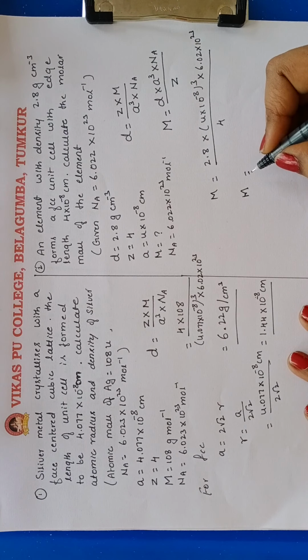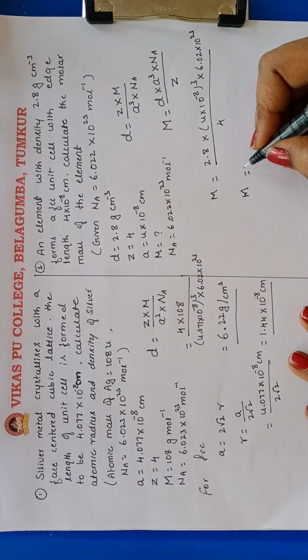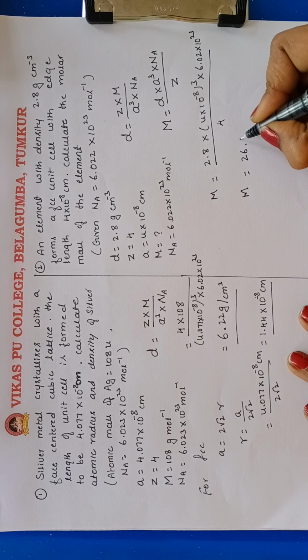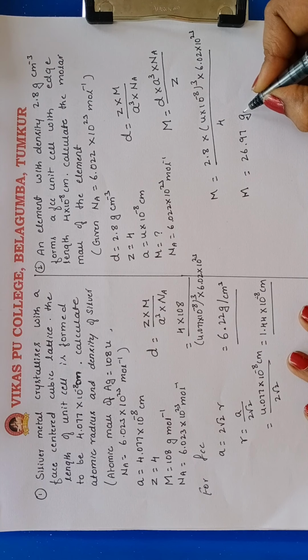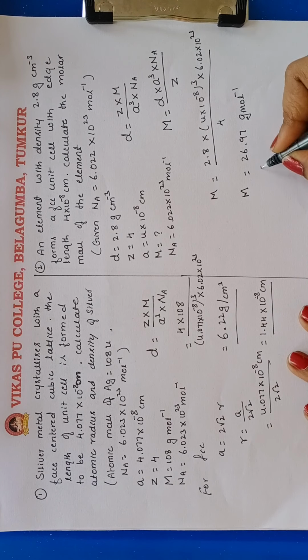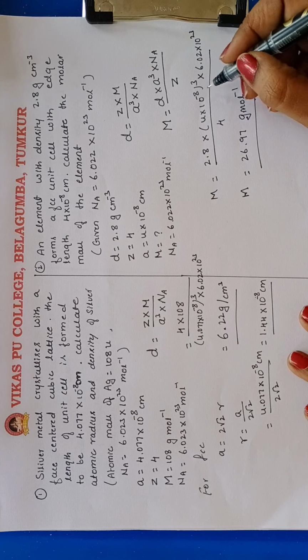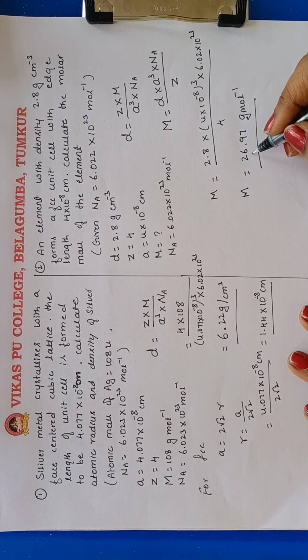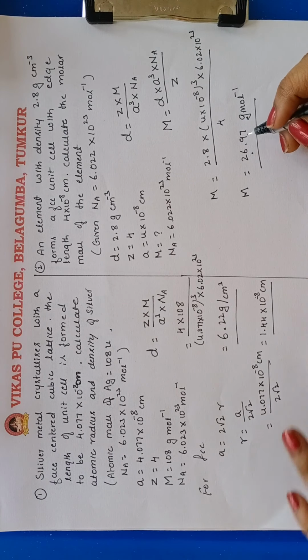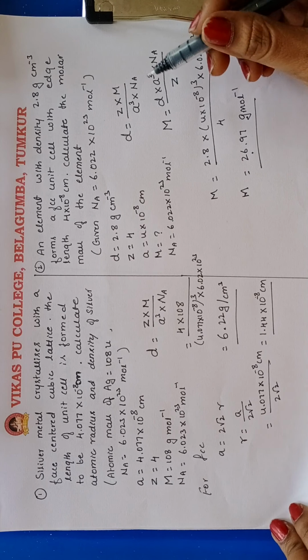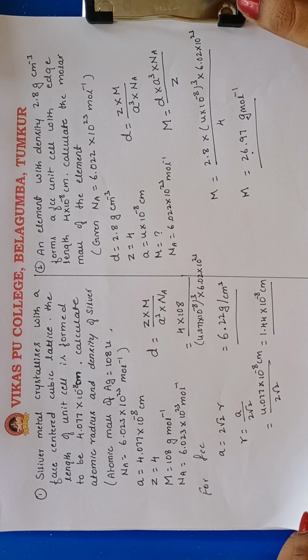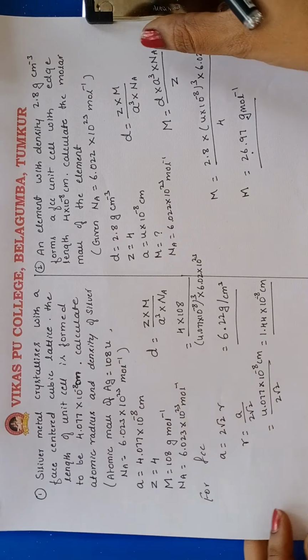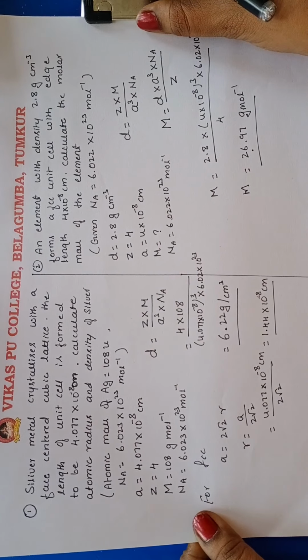On simplification we get M = 26.97 g/mol. This is how to calculate the molar mass if the edge length, number of atoms and Avogadro's constant are given. Next we will discuss another 2 problems.